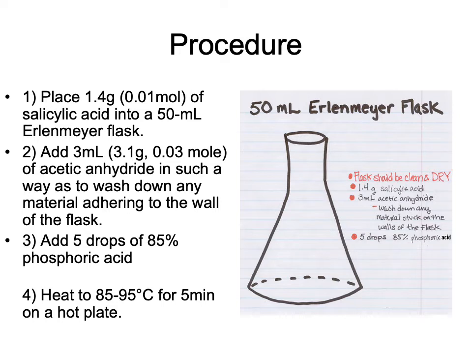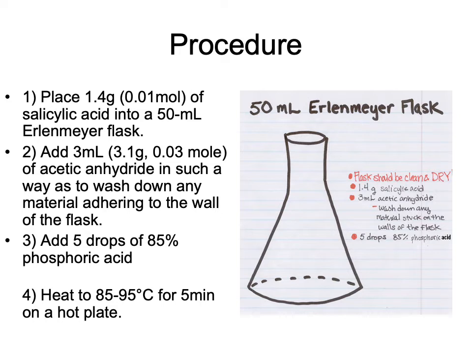We add the acetic acid in a way to wash whatever sulfuric acid is left on the Erlenmeyer's walls. So we want to wash the walls of the Erlenmeyer flask to make sure we have all the 1.4 grams in the reaction.